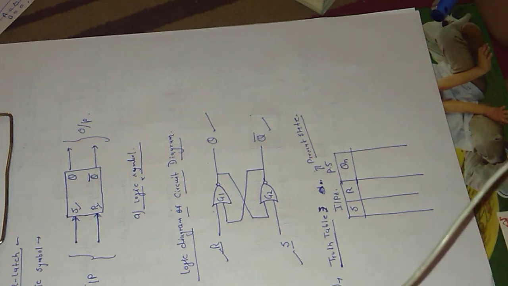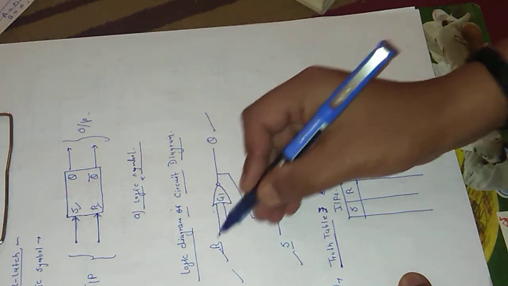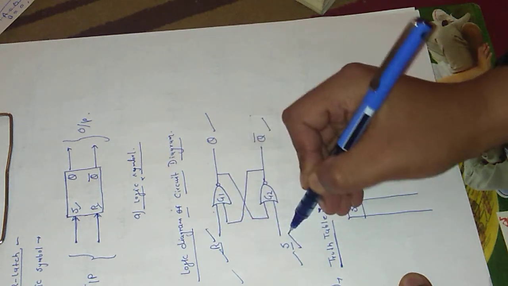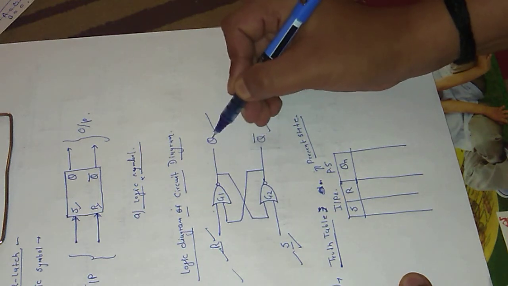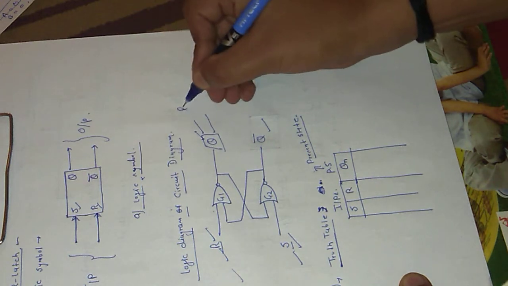The present state means the present output of the sequential circuit. Suppose this is a circuit: if we apply values of R and S, then the output value of the circuit, the value of Q, is known as the present state.